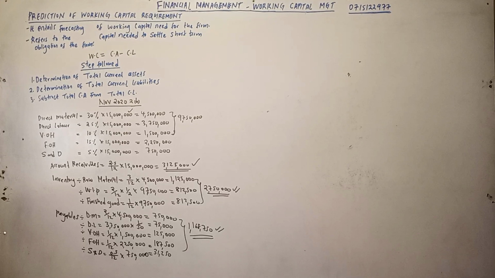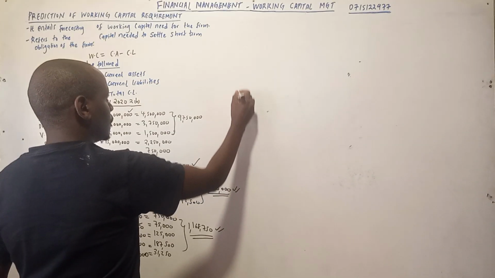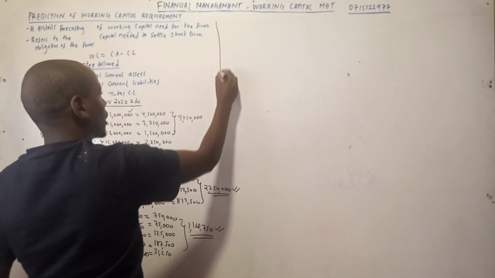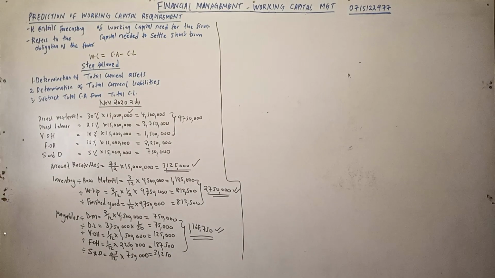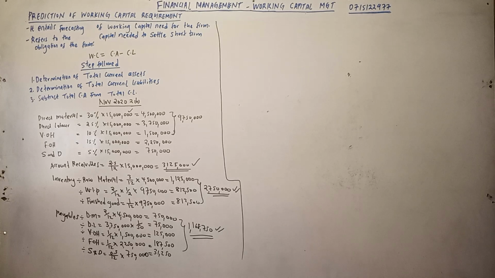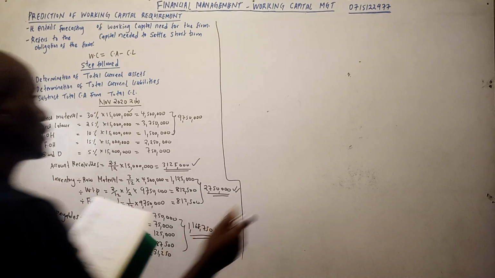So now we can find the working capital requirement. So we write, sorry, my calculator has run out of battery. So let's say Nderu Suppliers.